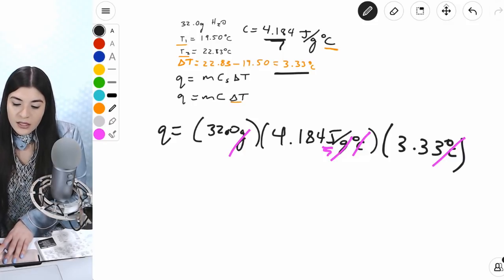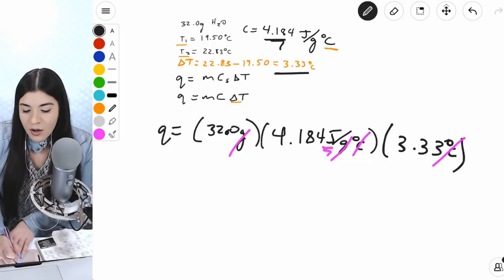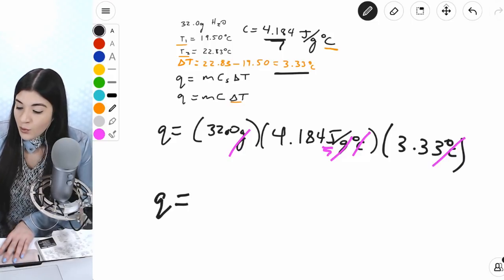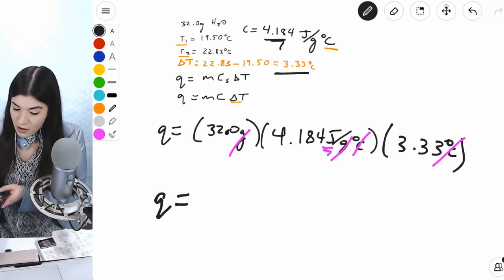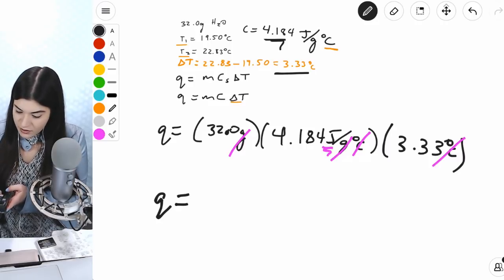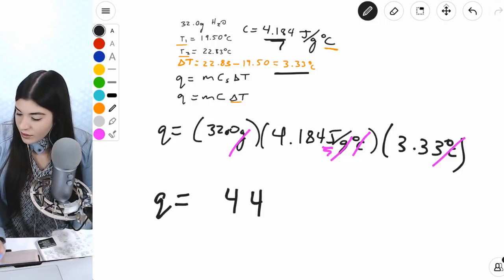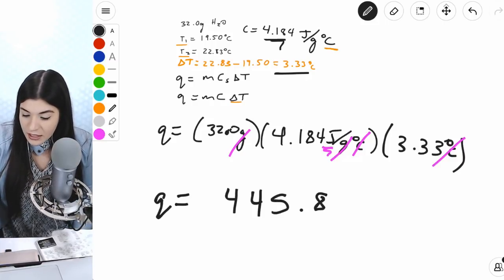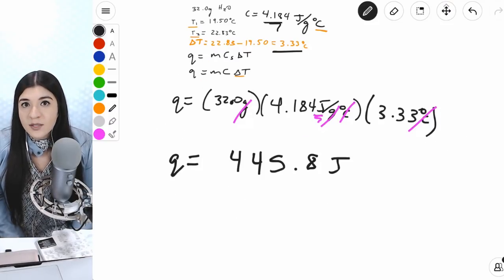Specifically, heat prefers to be in kilojoules, or at least that's what I see most professors or teachers prefer, which we can convert at the end. So I'm going to multiply everything together. So 3.33 times 4.184 times 32, and that would have given us 445.8 joules. It is positive because they're telling us that heat is being absorbed.